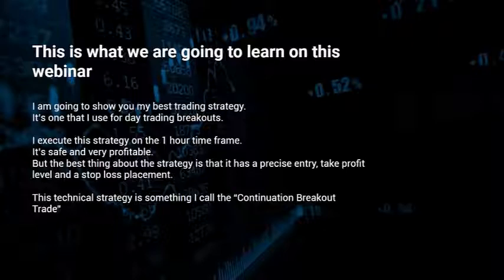Now, if you've watched some of the videos on my website, you've probably heard me say that this technique, the continuation breakout trade, is accurate 90 to 95% of the time. And I truly mean that, based on 19 plus years of executing trades and analyzing those continuation breakout trades. Whenever they fail, it is because I miscalculated something. I can always go back.